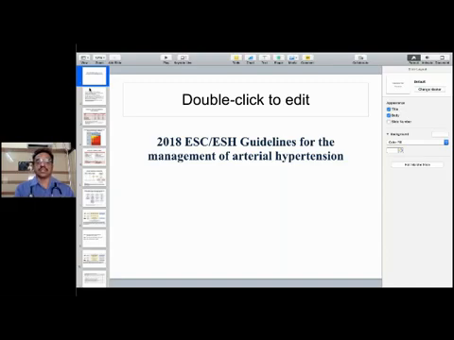What are the treatment thresholds? Threshold is that when to start treating the patient. And then what are the treatment goals once we have started treating the patient? And then there are certain conditions of hypertension, like hypertension with CAD, hypertension with CKD, hypertension with angina, hypertension with heart failure, and that we'll discuss in brief in this webinar.